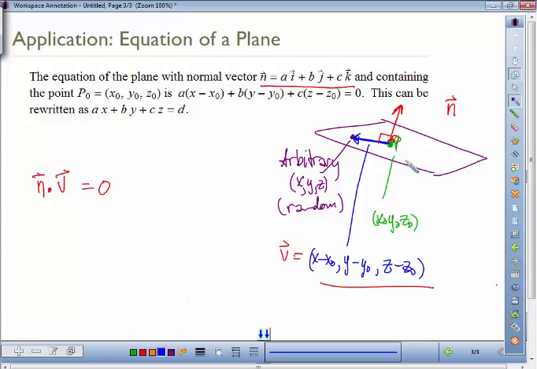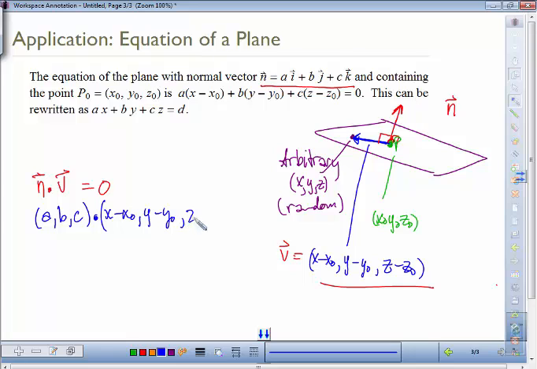So what do we have? We have n, which is ABC, dotted with this vector x minus x naught, y minus y naught, z minus z naught. That's supposed to be equal to 0. And if you actually perform the dot product here, it becomes a scalar, right?